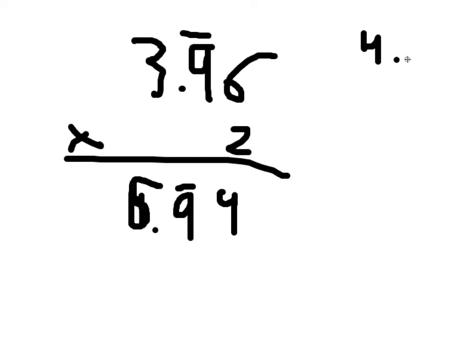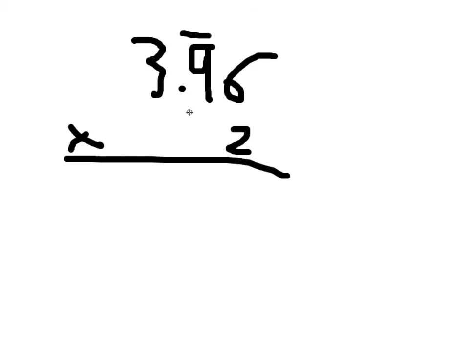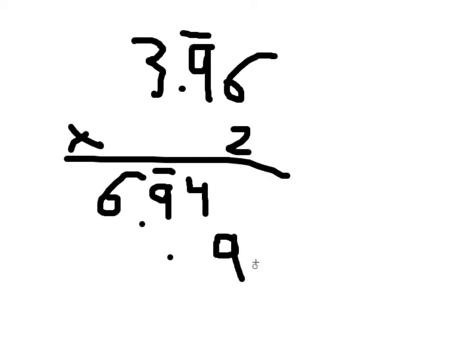Yeah, okay. 6.9 repeating 4. Eventually, I mean, this could be proof right here that 0.9 repeating does not equal 1.